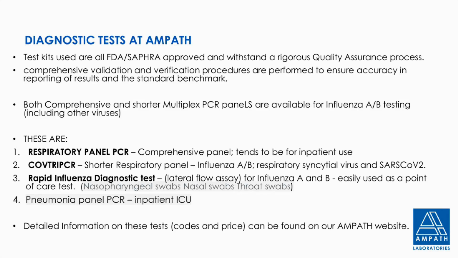The respiratory panel PCR is your comprehensive panel that tends to be used for inpatient use, whereas the co-tri PCR tends to be for just your influenza, RSV, and SARS-CoV-2.